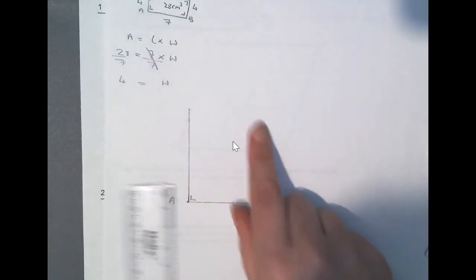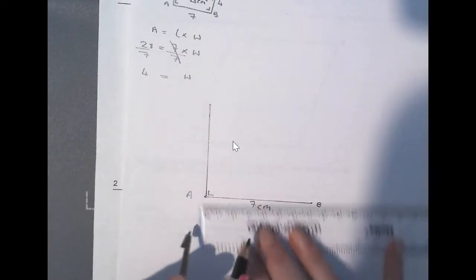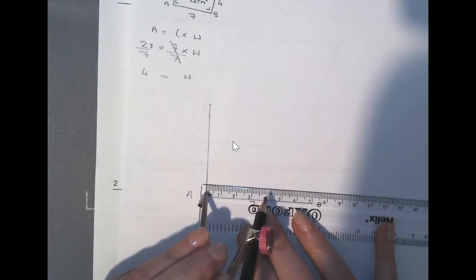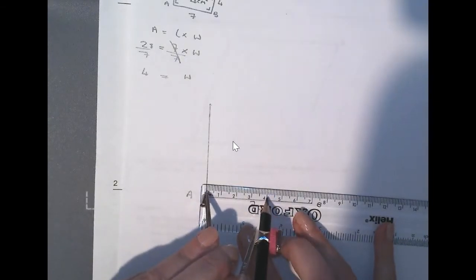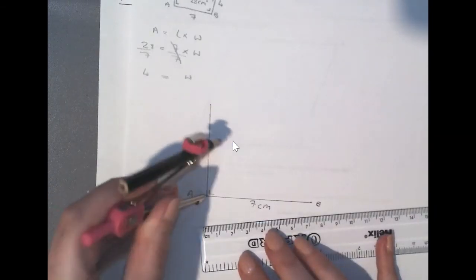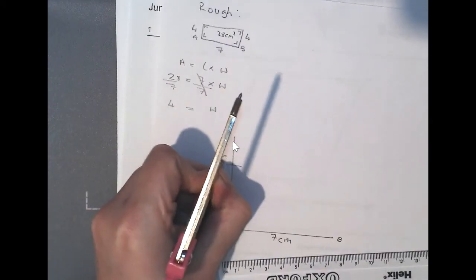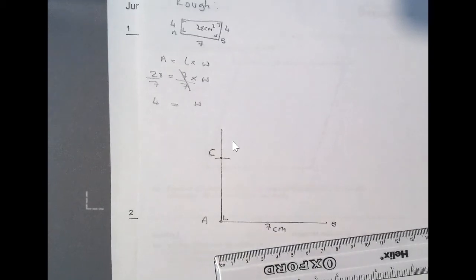and I'm going to draw in the top line first. Okay, sorry, I need to measure my 4 centimeters first so that I know where I am drawing my line parallel to. So there's 4 centimeters. Okay, so draw in your arc here. And let's call him up there, let's call him point C of my rectangle.